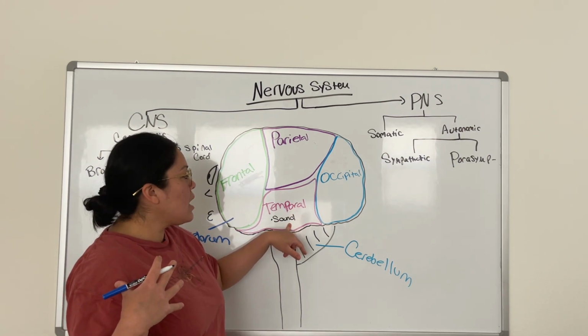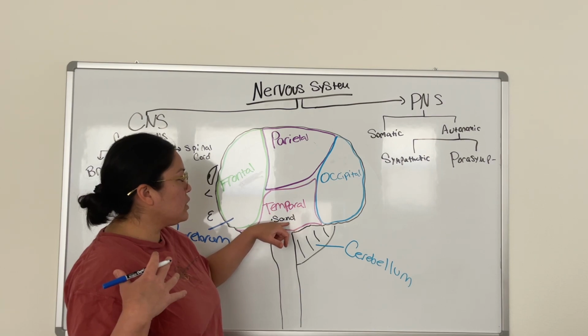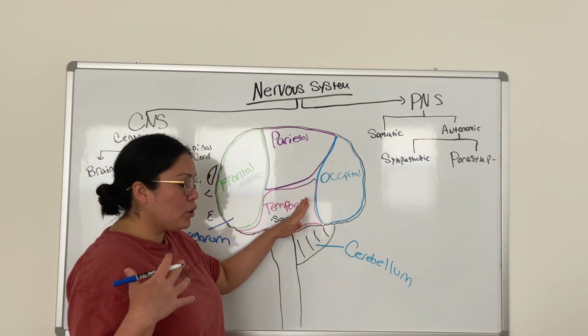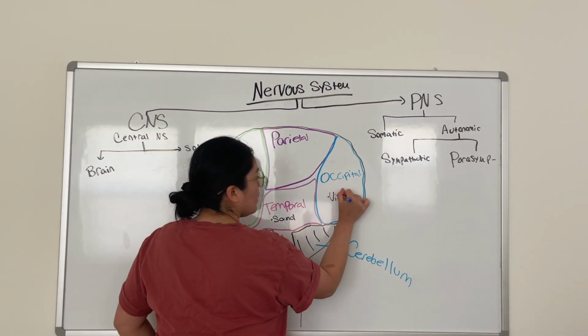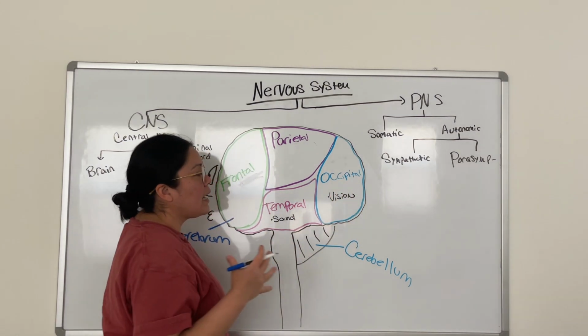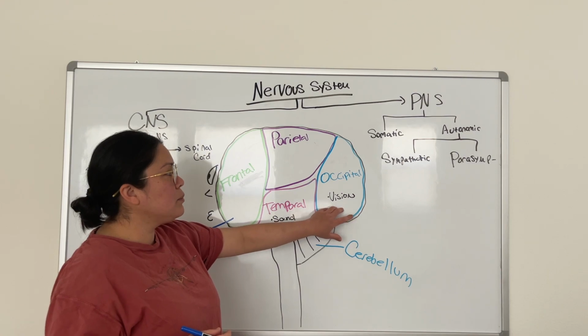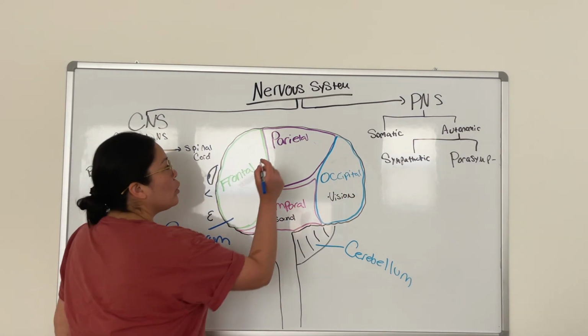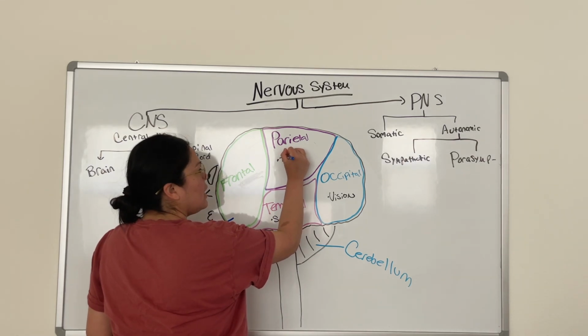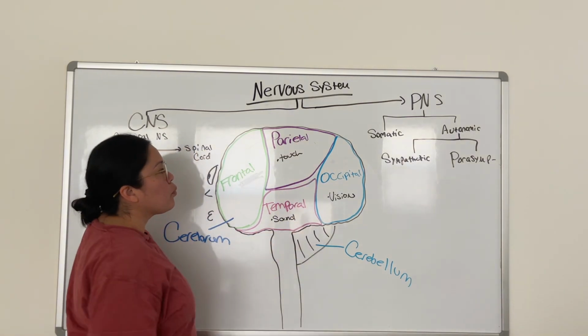Sound is what you really need to focus on that happens here in the temporal lobe. For occipital lobe, it's going to be vision. So anytime you see something, it's going to be interpreted in the occipital lobe. Parietal, you're going to interpret any type of touch, like pain, like pressure.